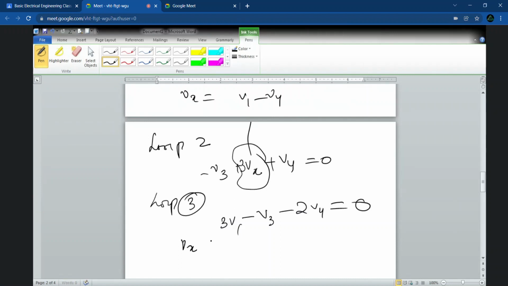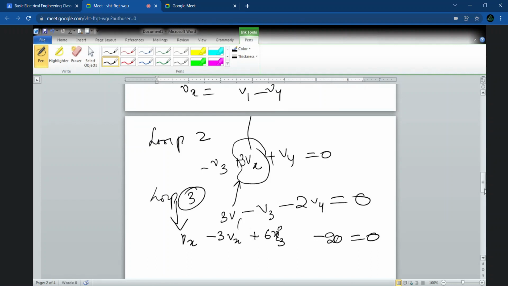So it will be Vx minus 3Vx plus 6 V into I, 6I3, minus 20 is equal to 0. So this will be your final equation for loop 3. This was defining this. Is it okay?